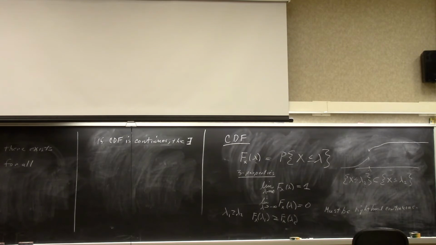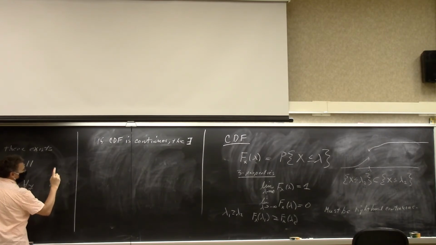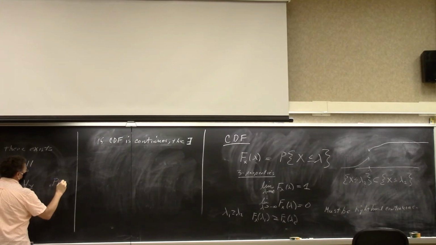So if we have, there exists an x such that for all y, we have like f, okay, don't confuse this p with the other p. We have p of xy.